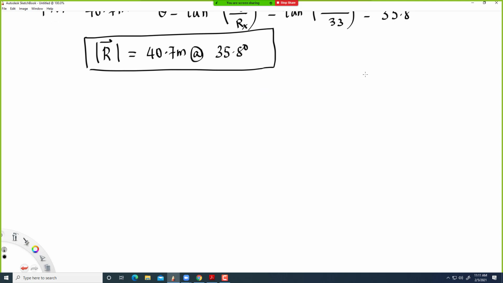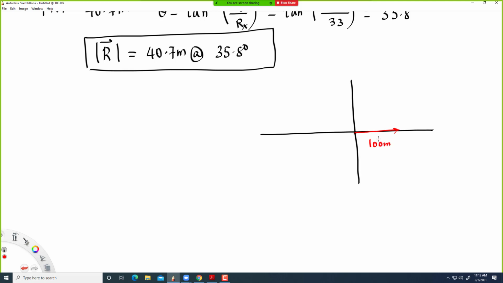So our origin is the tree. Okay, so that's our origin. Bird flies 100 meters to the east. So let's use a different color. So that's the first displacement, which is 100 meters.